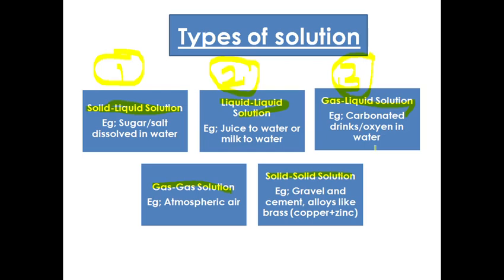Whatever soft drinks you drink, that is Coca-Cola, Mountain Dew, Sprite, etc., those are examples of the gas liquid solution. Next, the fourth one is the gas solution, atmospheric gas.